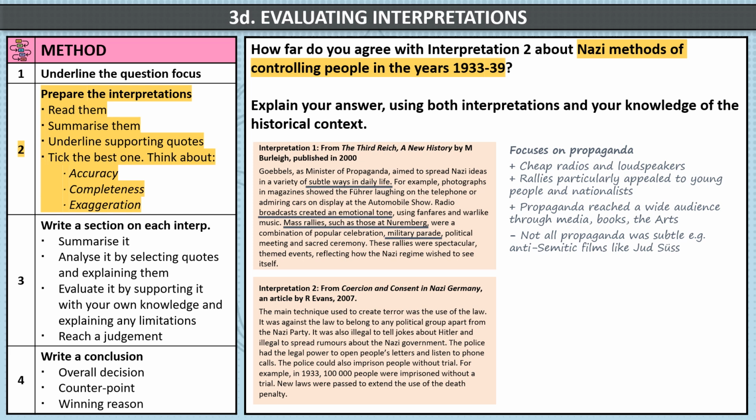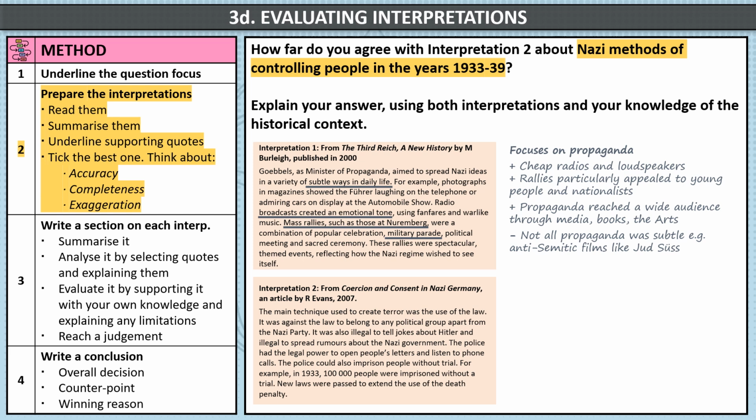I also think the interpretation is right that propaganda was important, because I know it reached a wide audience. But one thing I slightly disagree with is where the interpretation says that propaganda was subtle. I disagree with that a bit because some of the propaganda was not subtle at all. For example, the Nazis' anti-Semitic films, which encouraged hatred of the Jews.